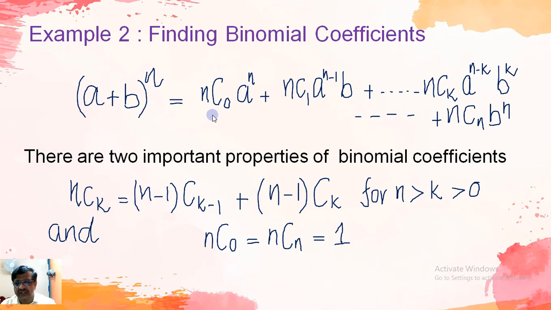The coefficients will go on up to nCn, and here the first term will have the nth power and the second term will have the 0th power. Progressively the power of the first term will be decreasing and the power of the second term will be increasing. Ultimately the second term will reach the power n, and the first term will have become a to the power of 0.